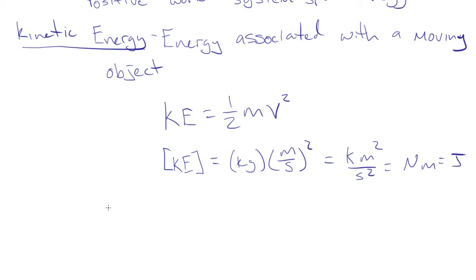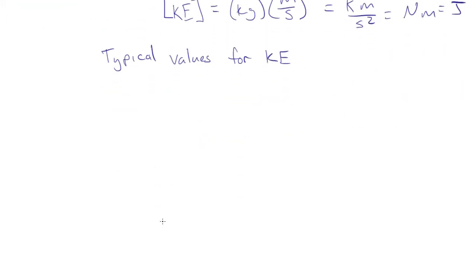A few typical values for kinetic energy of a few different objects. Let me preface this by asking you: you have a bullet, you have a fastball, and you have a running dog.